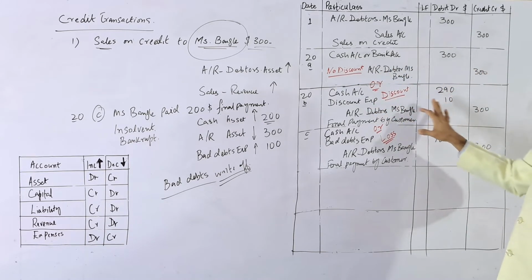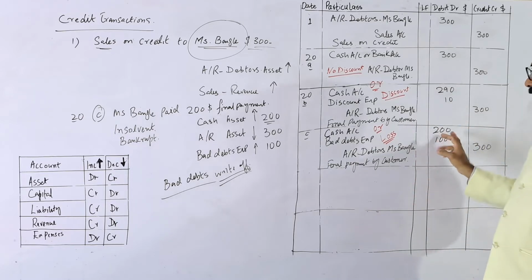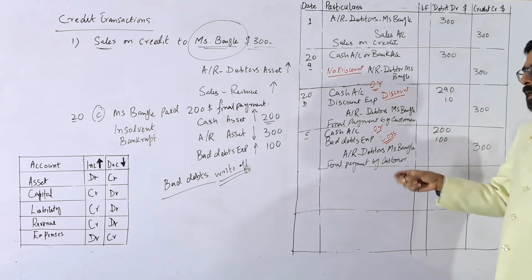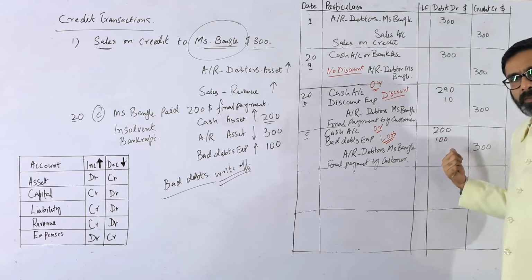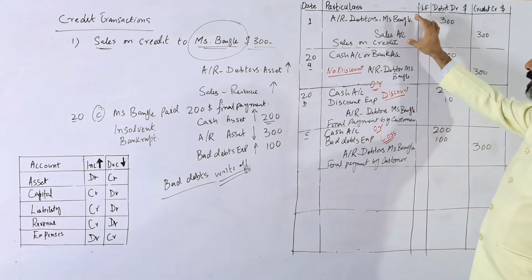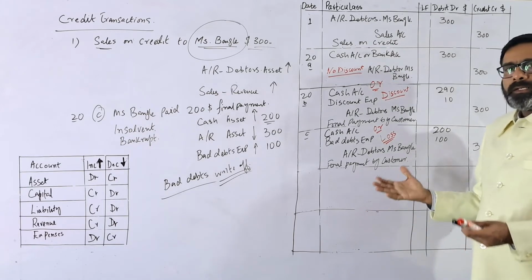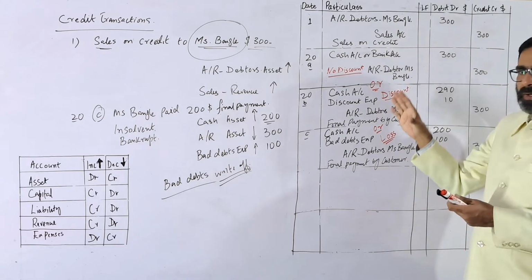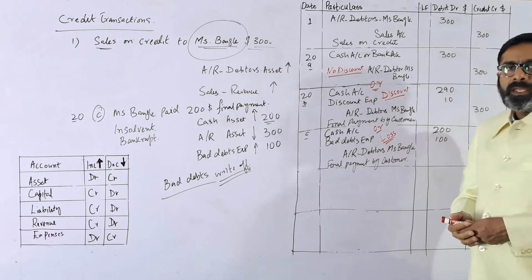The second option, $290, $10 discount. The third option, you receive just $200, and $100 is the bad debt expense. So the third option is also the possibility of the bad debt. So one sale transaction has three different options available for the receipt of the payment: 100% amount, some cash discount is given, or there is a possibility of the bad debts.